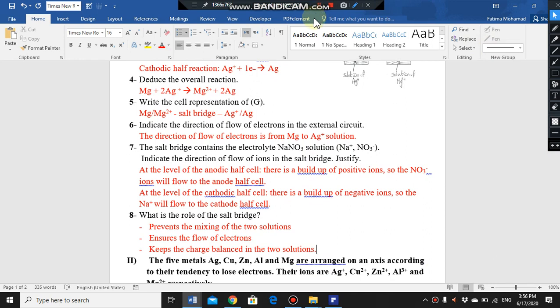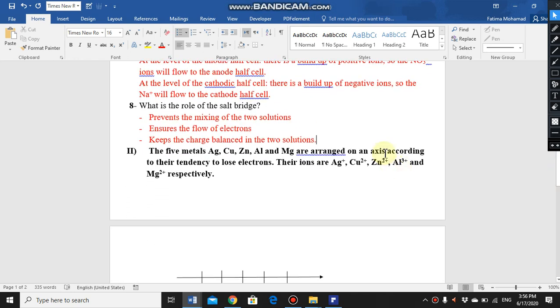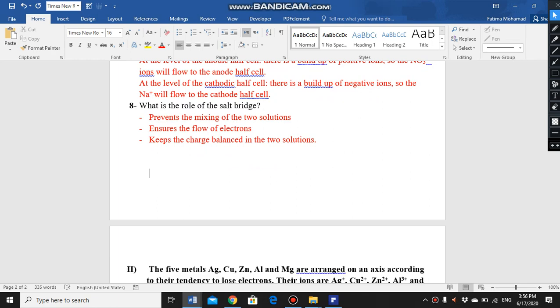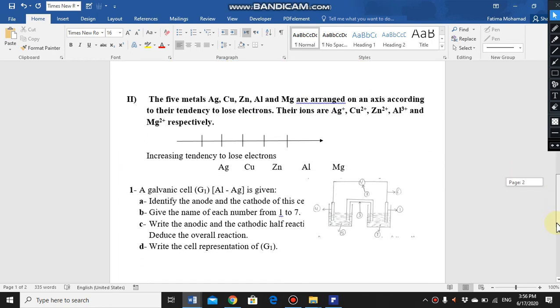Now let's move on to the second exercise. The five metals Ag, Cu, Zn, Al and Mg are arranged on an axis according to their tendency to lose electrons.